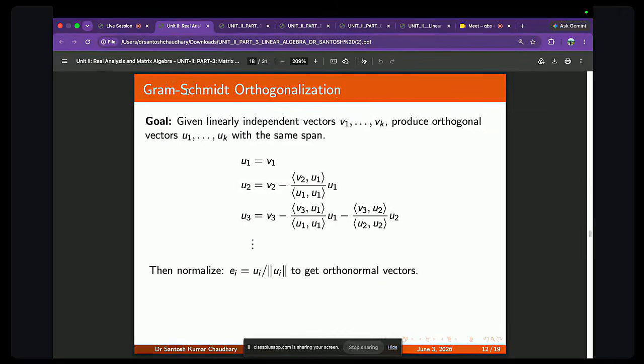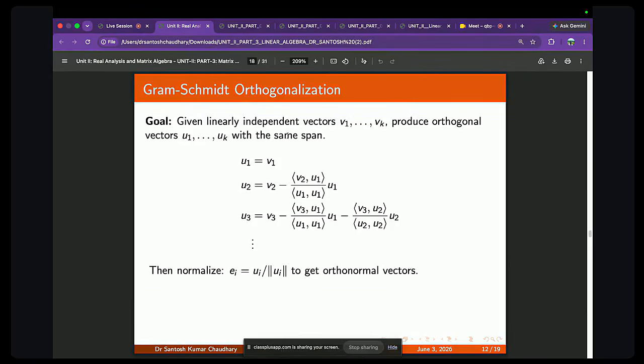The Gram-Schmidt orthogonalization process says that if you have linearly independent vectors, then you can convert them into orthogonal as well as orthonormal vectors.